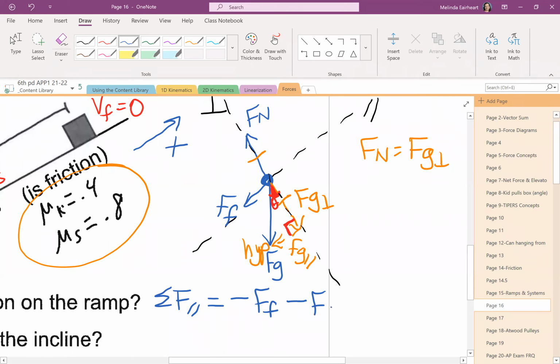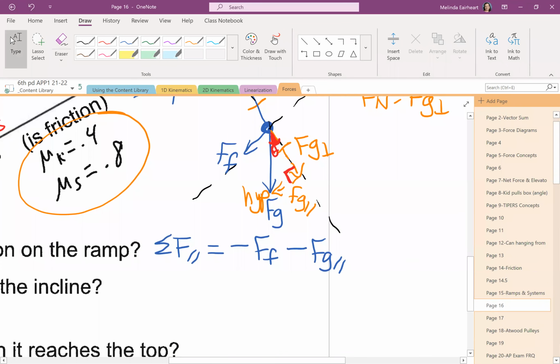Fg, is that correct? Is Fg parallel to the surface? No, but Fg parallel is. So you have to note that it's a component of gravity, whether you call it Fg parallel or Fgx, or you go straight for mg sine theta, you've got to get the component in there. If you subtract the full weight, wrong.